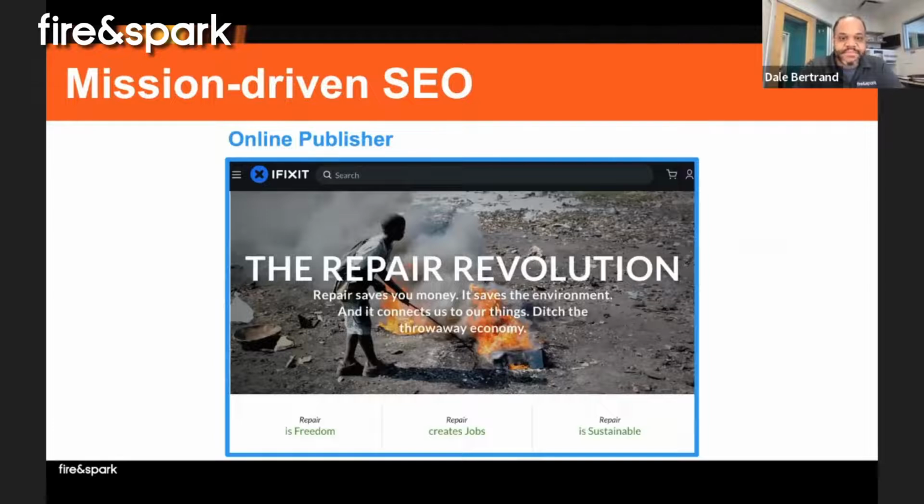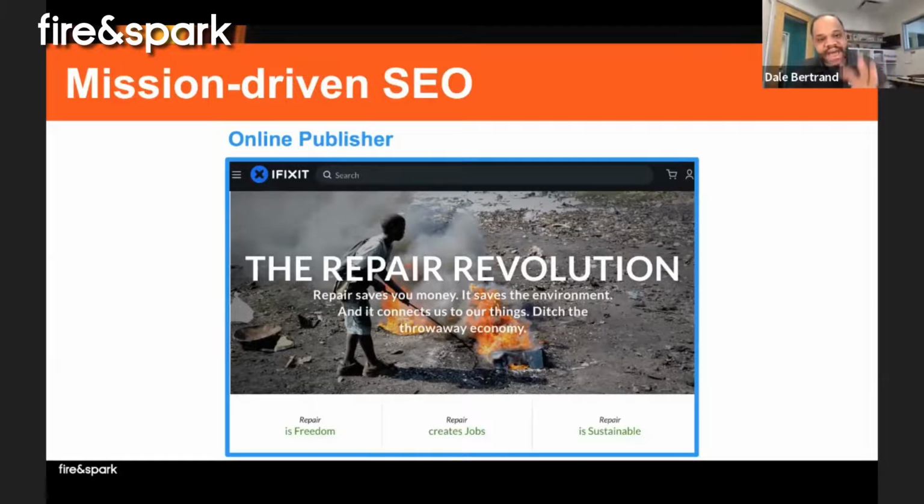iFixit is a company that I really admire. This is the type of e-commerce site that I would build when I do build an e-commerce site, which I'm planning to. So what they do is they sell parts and kits if you want to fix your electronics at home. So that's how they make their money. But the other half of their website is all advocacy. It's what they care about: the right to repair, which means that electronics companies should release enough information about their products that anybody can repair their own electronics.